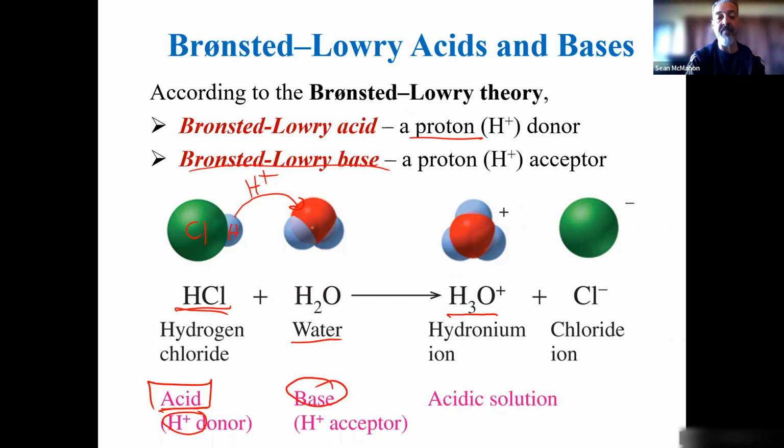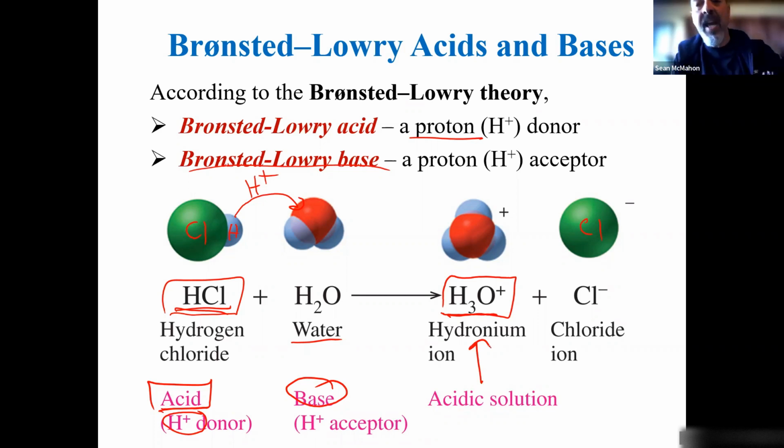And what's left behind, once the water accepts a proton, is a hydronium ion. And once the hydrochloric acid donates the proton, all that's left is the chloride ion. And this is actually considered an acidic solution.